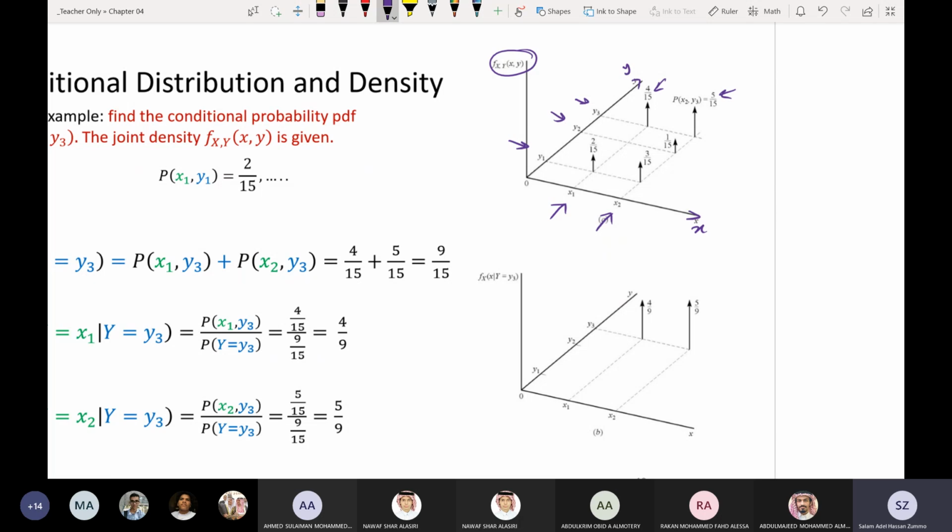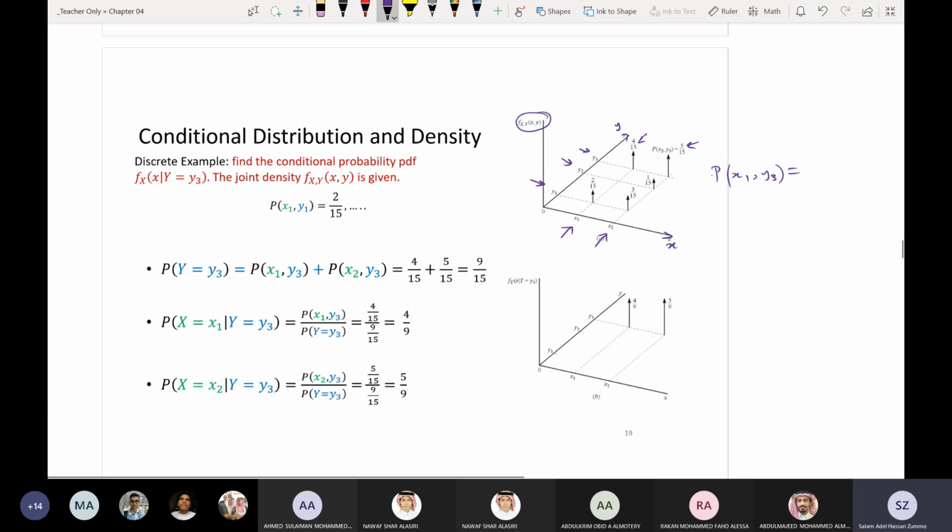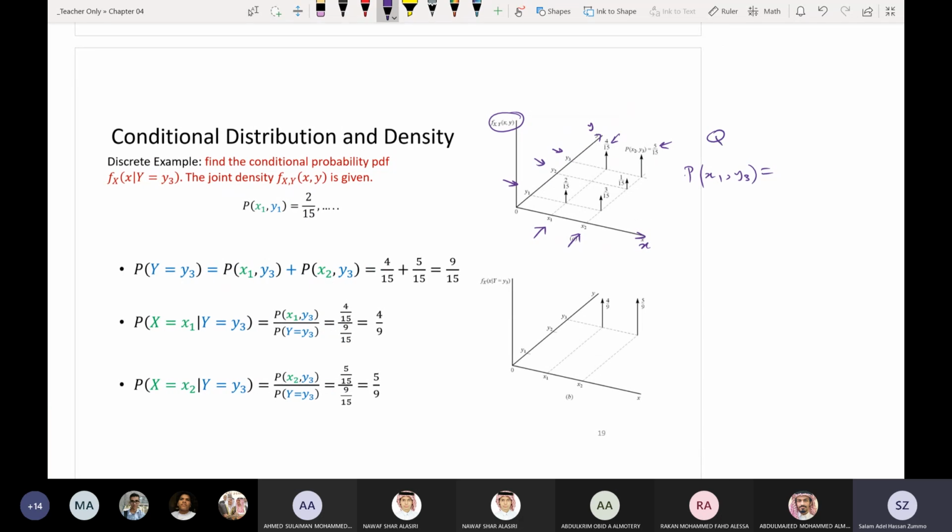So, for example, guys, send me over the private chat: what is the probability of x1, y3? What is this probability equal to? So this is the question. Probability of x1, y3, over the private chat.